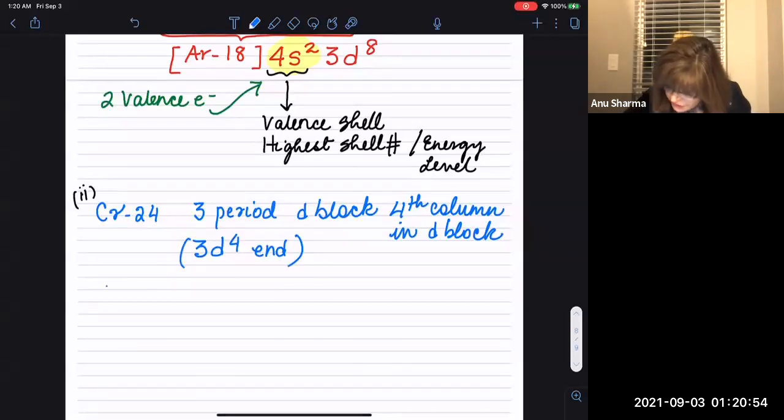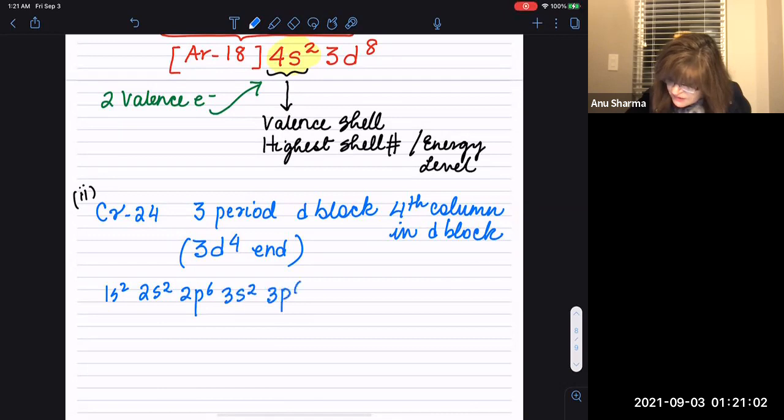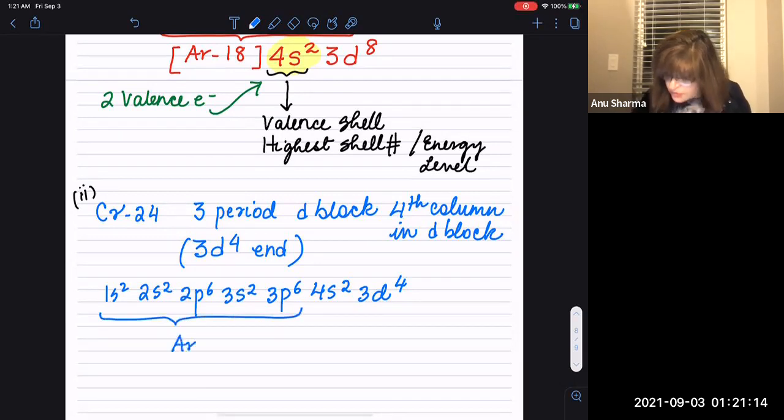So 1s2, 2s2, 2p6, 3s2, 3p6, okay, 4s2 and 3d4. All right, so same thing. This piece right here, 18 electrons, can be written as the inner core, argon in square brackets.